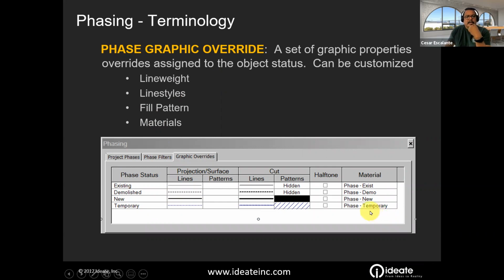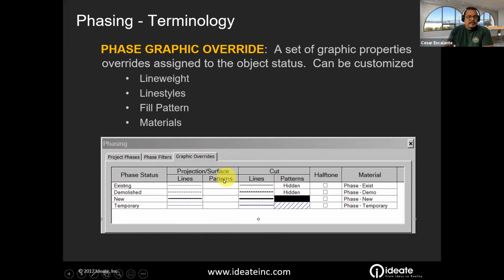So the graphic overrides apply over all the visibility graphics that you set in the object styles and all the VG graphics of the view. So it's very, very strong. Phasing overrides trump the rest of the graphic overrides. It's very difficult to trump the graphic override that's given by a phasing.